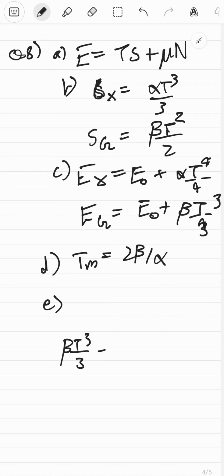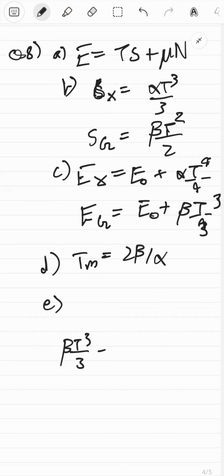Calculate internal energies. Under the condition of thermal equilibrium between the two, compute the equilibrium melting temperature in terms of alpha and beta. Liquid quartz closed. That requires melting temperature.